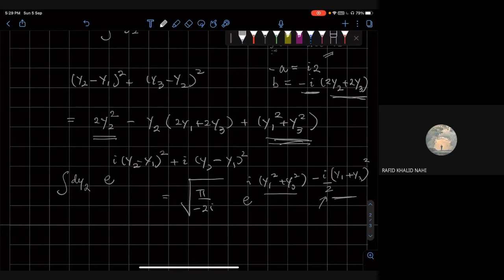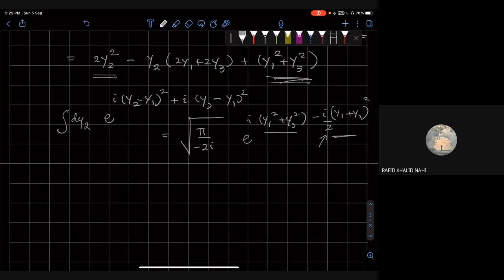Okay, so now we have done the y1 integral. So what we can do is simplify this term. We expand this, and by the way, we can take the i upstairs in the square root, so the minus sign goes away. Then we have e to the power minus i by 2 from here. And then we expand, so we get y1 squared plus y3 squared plus 2 y1 y3.